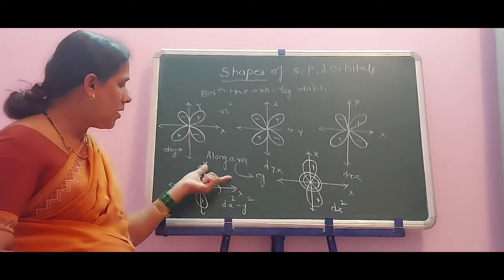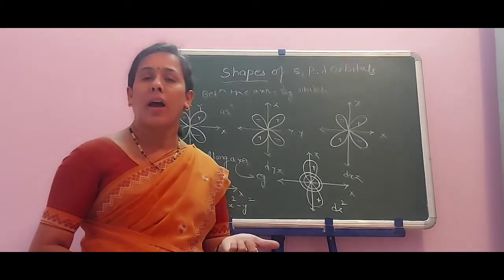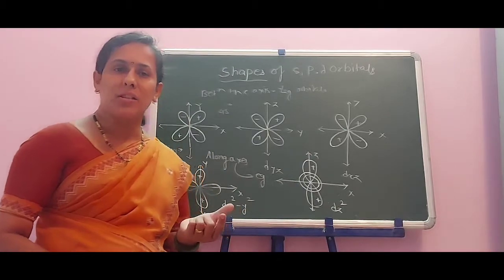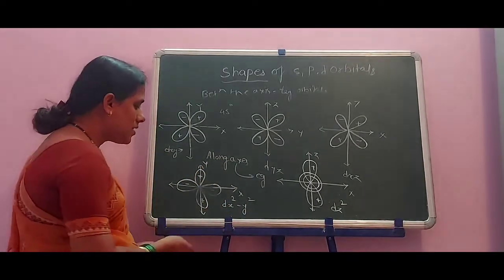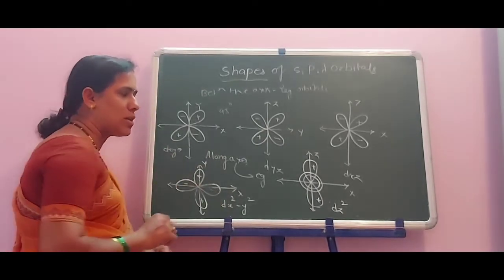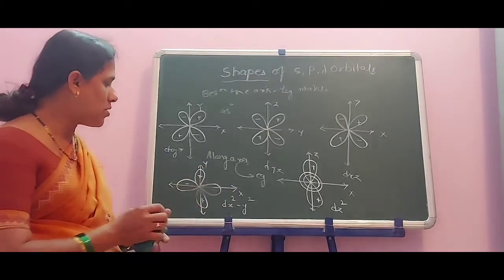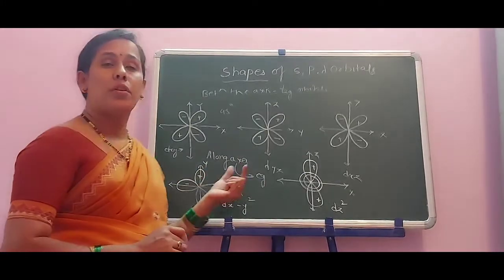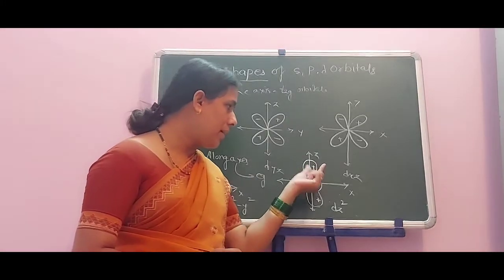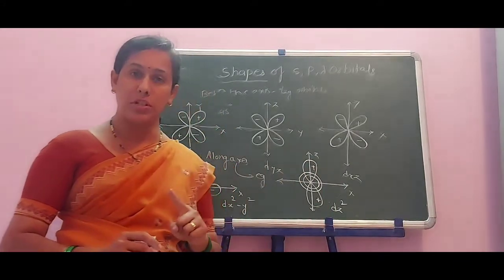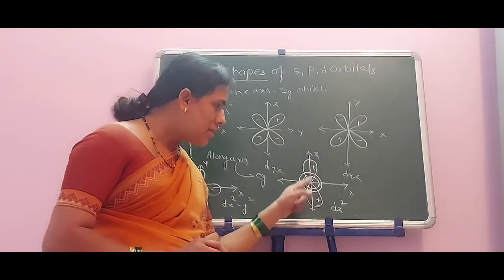As they are located along the axis, they have more energy than the between-the-axis orbitals. This is x square minus y square. These have alternating positive and negative lobes situated along the coordinate axis, but in dz square both the lobes have the positive sign. You must remember this.